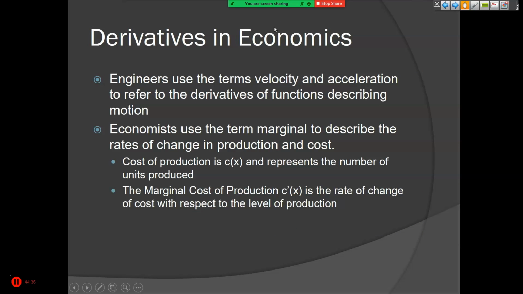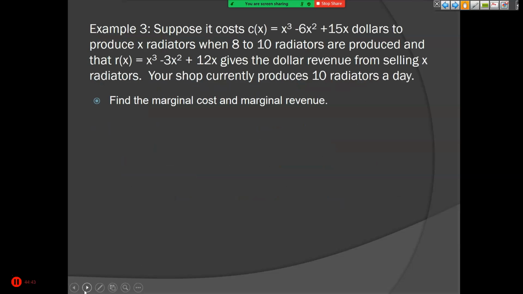So again, the other day we talked about engineers, economists, doctors, all using calculus. The last thing we're going to talk about today is in the economy world, how do derivatives relate to money.